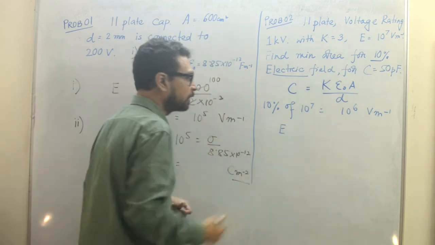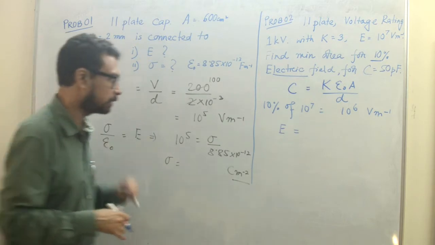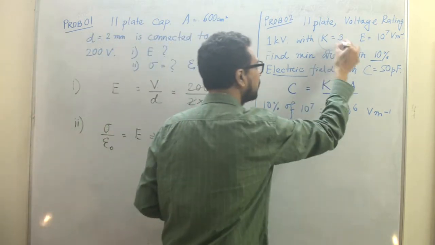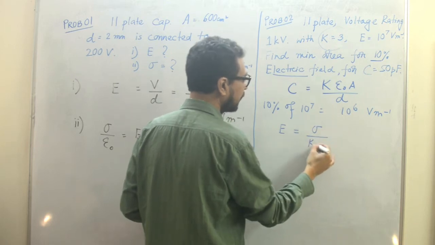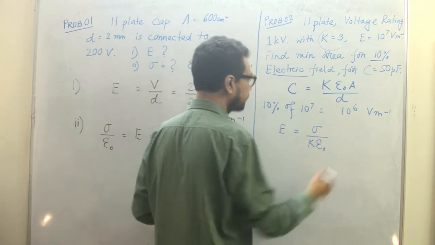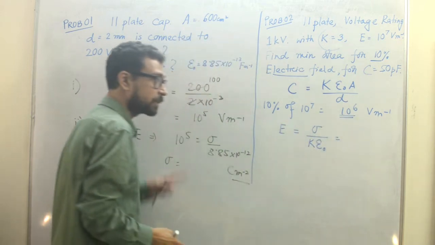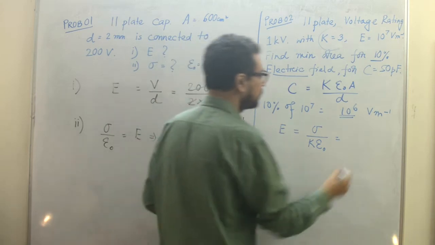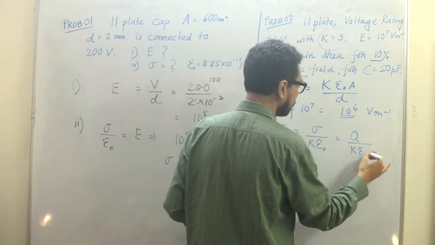It is interesting. Usually we know E equals sigma by epsilon naught, but here we have a dielectric, so it is sigma by K epsilon naught. And this value is 10 to the power 6 because this is the maximum. Sigma is Q by K epsilon naught.